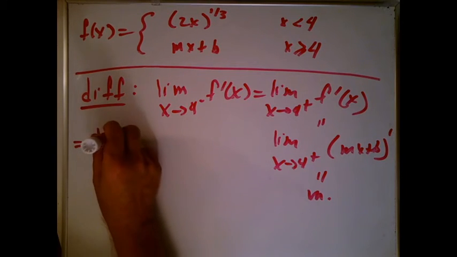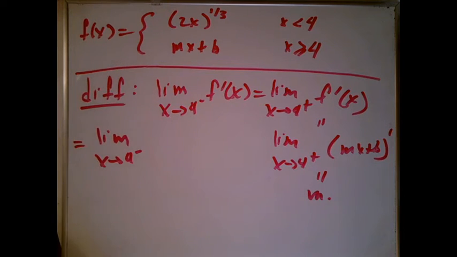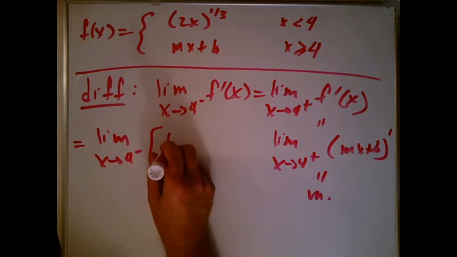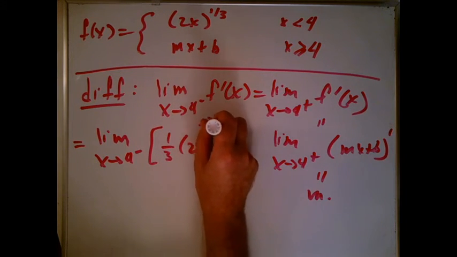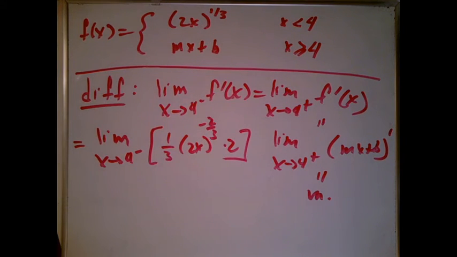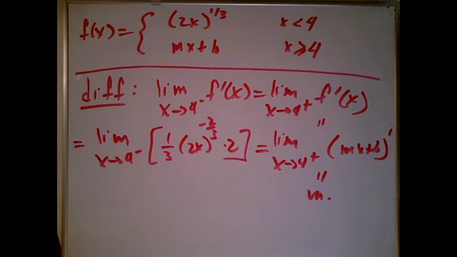I want limit as x arrow 4 minus, and then I want the icky derivative. Now the icky derivative here is going to be 1/3 times 2x to the minus 2/3 times 2. That is the formula for the derivative of the icky side, and that needs to be equal to m. If you're a math or physics major, you need to go work that out.